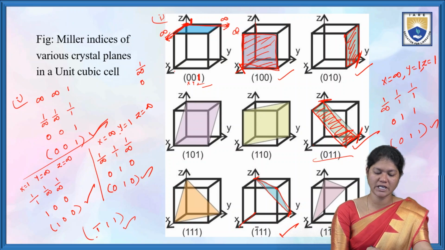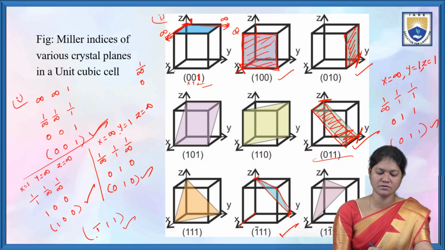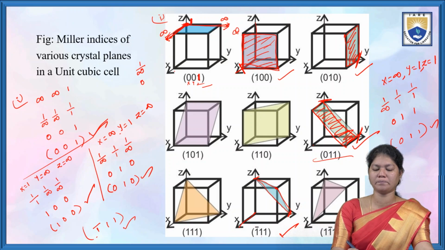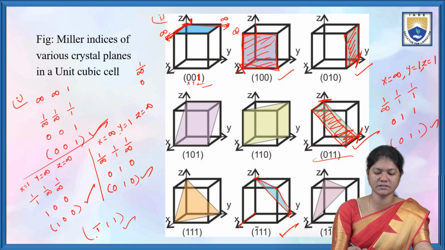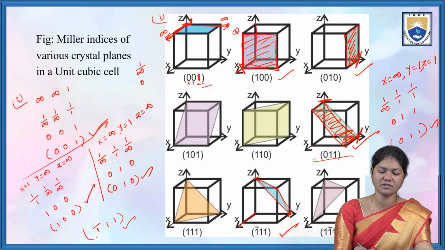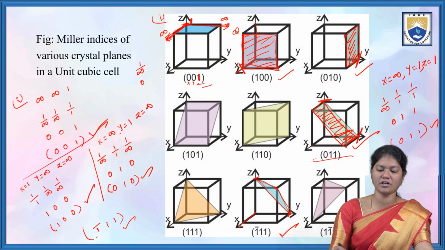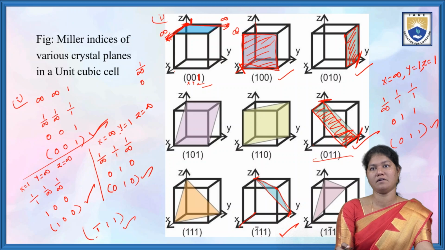Okay, this is a plane parallel to the x-axis, so there is no interception, that is infinite interception on the x-axis and infinite interception on the y-axis.